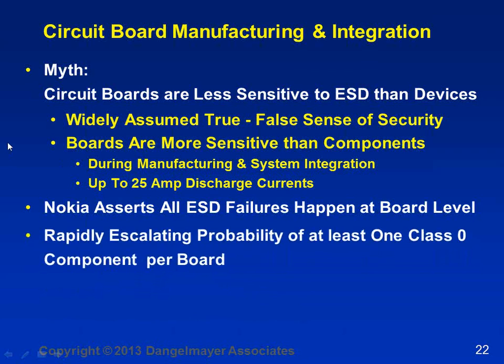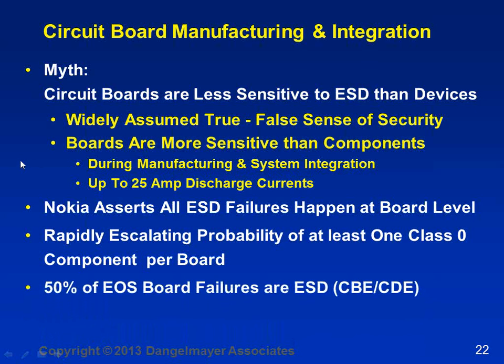The probability of a class 0 device in your designs is rapidly escalating. And keep in mind, as we said earlier, many companies do not have CDM data. And there's a tendency to think that if you don't have the data, you don't have a problem.